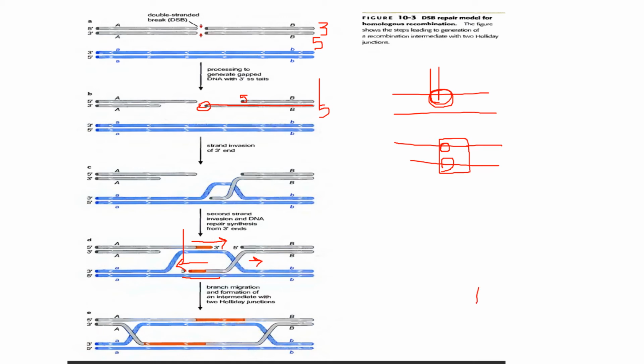So you can see the branch migration in both. This branch will migrate and it will form the intermediate with two Holliday junctions. This is known as the Holliday junction. So the presence of two Holliday junctions is seen over here.